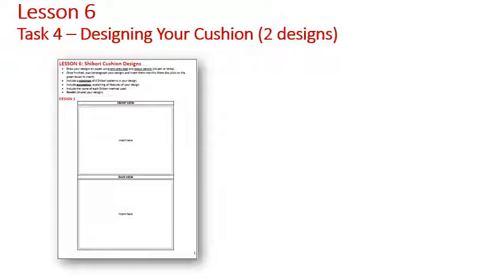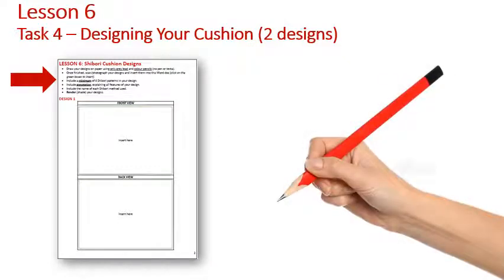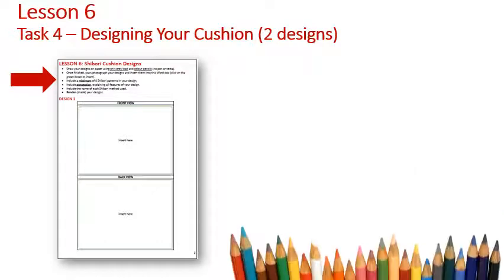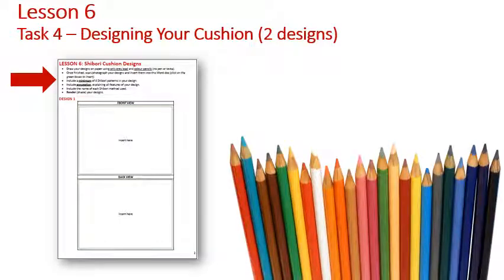Okay, now looking at the page, the information on the second page tells you what you need to do. You can draw with a pencil. You can use colour pencils. Do not use ink, do not use pens, and do not use texters.